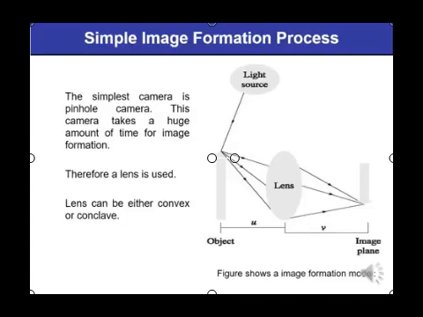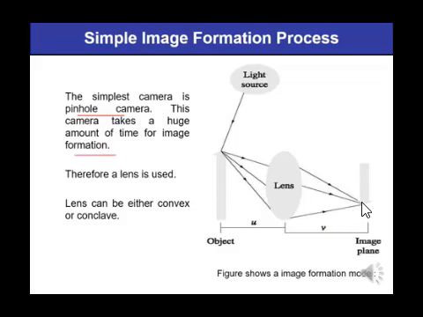The diagram shows the image formation model. The simplest camera used is called a pinhole camera. The camera takes a huge amount of time for image formation. This camera was used in olden times. So see students, the lens is placed in front of the object and the image is formed on the image plane over here.